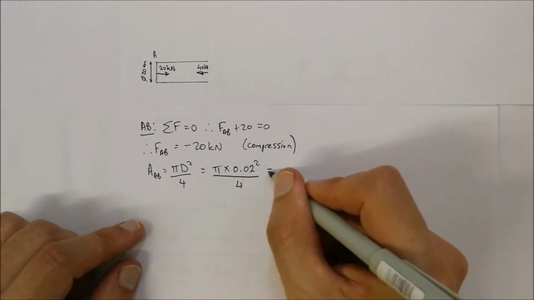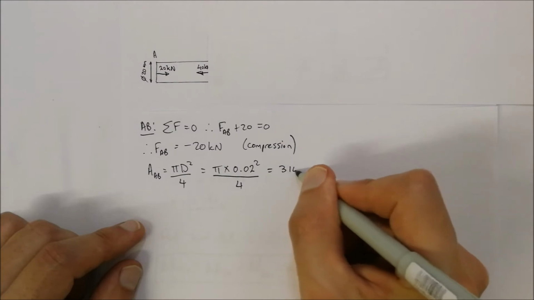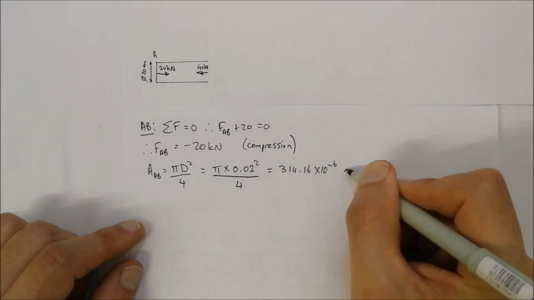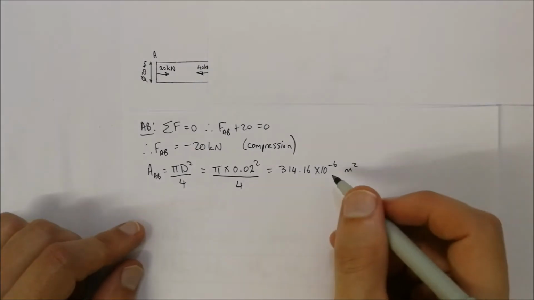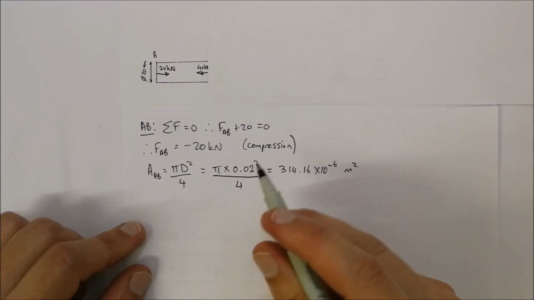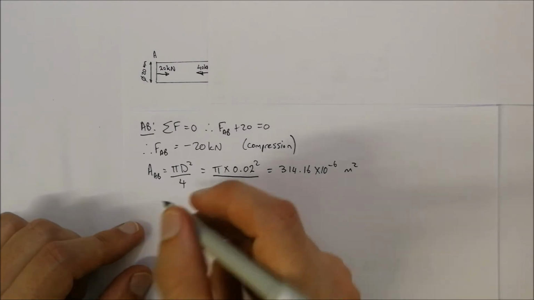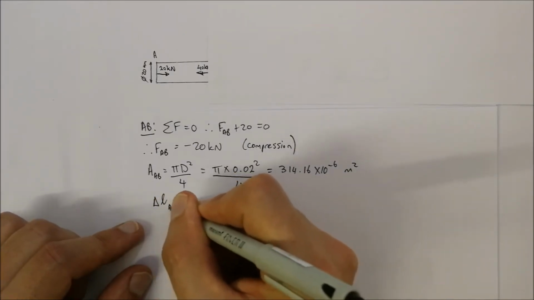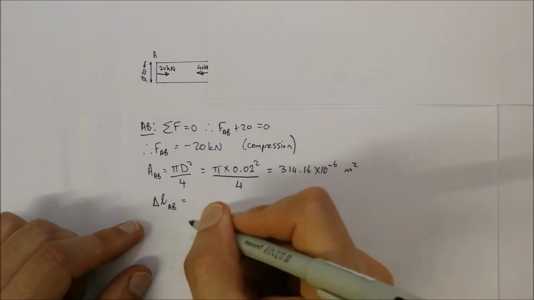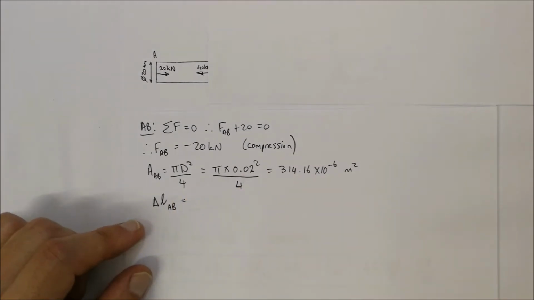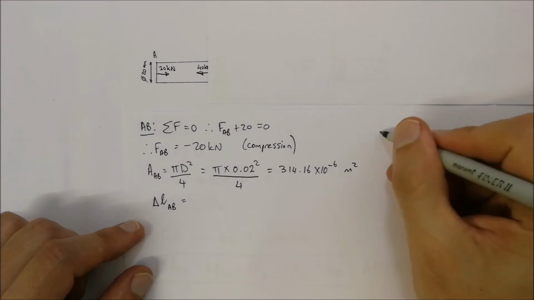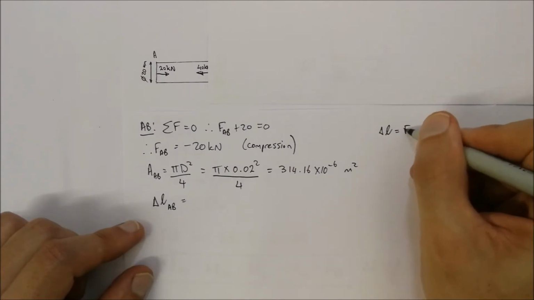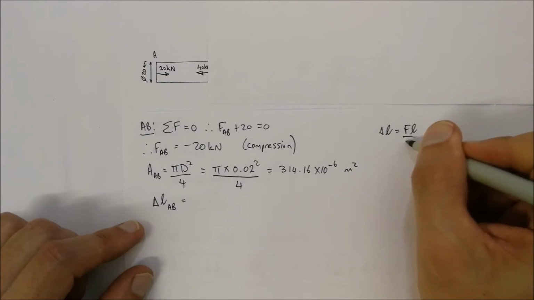When we do that calculation, that's equal to 314.16 times 10 to the minus 6 square meters. Now that we've done that, we can use our change in length equation. So the change in length for AB: remember, delta L is equal to FL over AE.